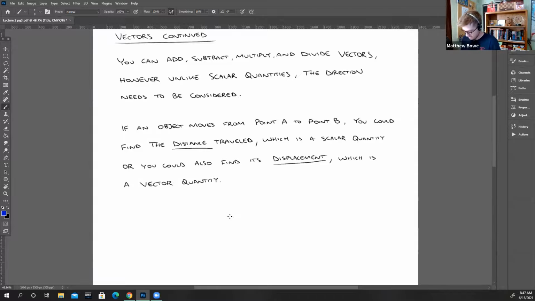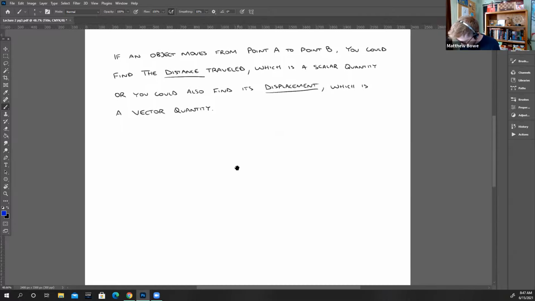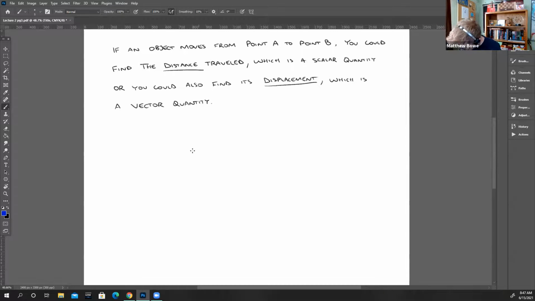Let's say we start at point A, and you're going to point B. The path directly there is the displacement vector.